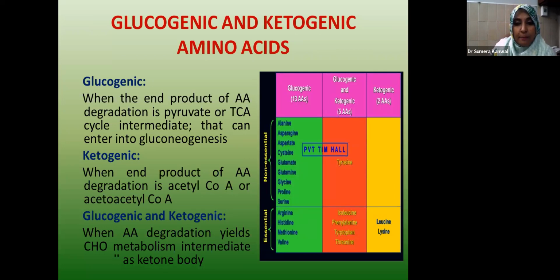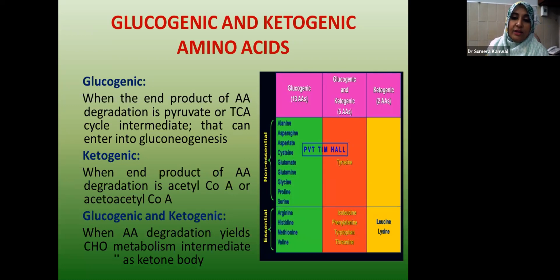So we have a total of 20 amino acids and out of these 20, 13 are glucogenic, 2 are ketogenic and 5 are glucogenic and ketogenic both. You will have to learn the names of the amino acids in each category, but just to make it easy, only learn the names of the ketogenic amino acids and the gluco-keto both amino acids. The rest of the 13 amino acids can be included in the glucogenic category.